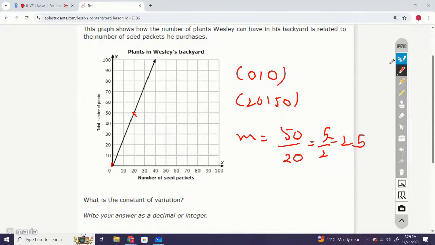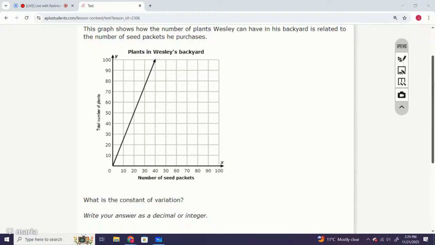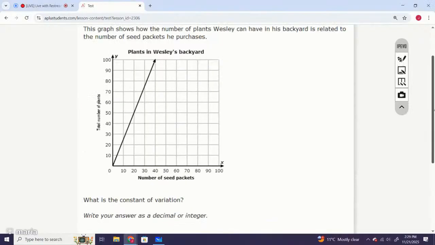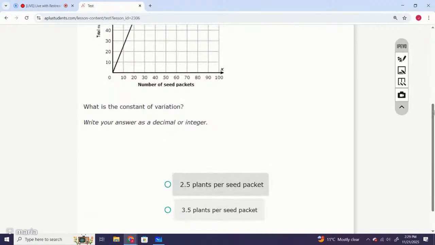Option number one is the correct one, $5 per seed packet.